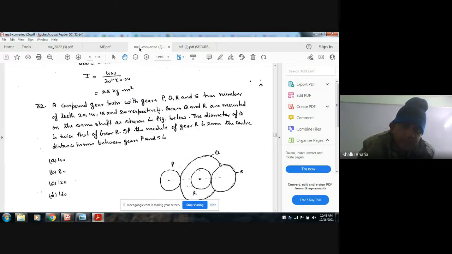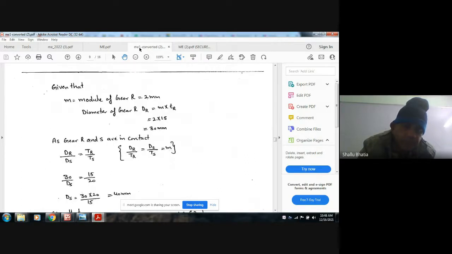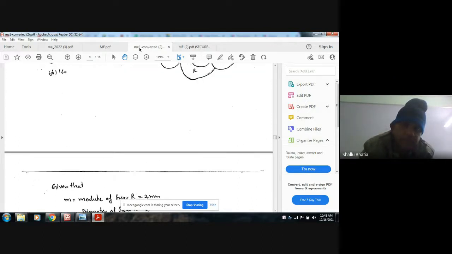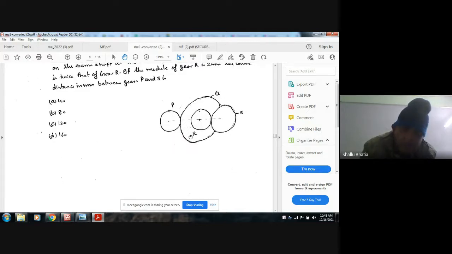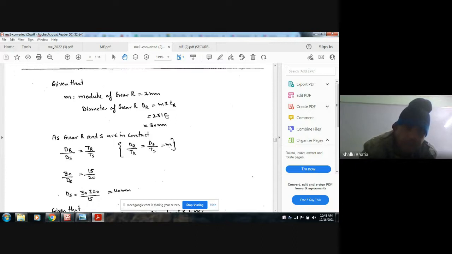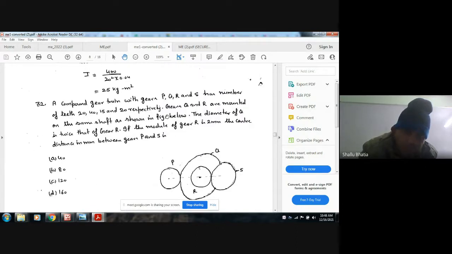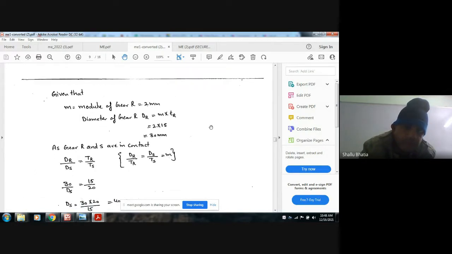And R and S are in mesh, so the module of R and S will be the same. As the number of teeth is given for R, the diameter of gear R will be, module is d by t, so diameter will be 2 into 15. The module of gear R is 2, so the diameter of gear R is 30.